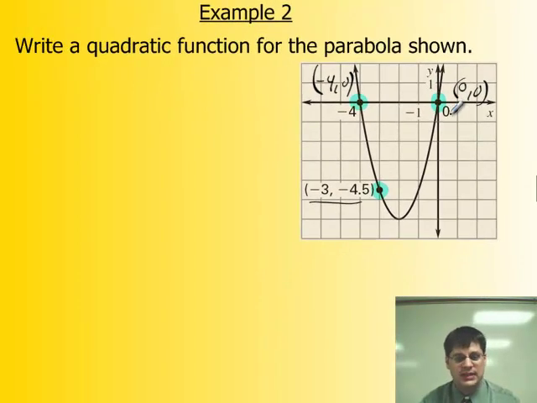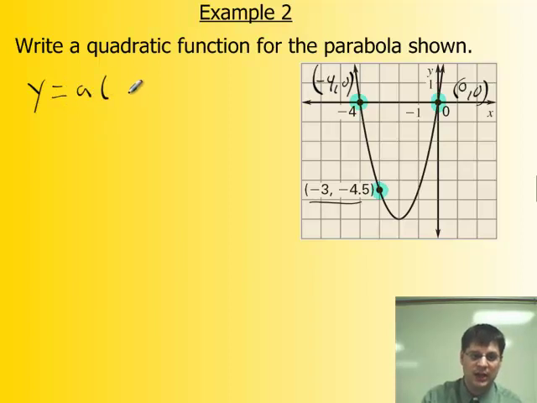So what would be the easiest method for this? Because we're given a couple intercepts, and it doesn't specify what form we want to use, intercept form would probably be the easiest. We don't have a vertex, so we really can't use vertex form, not directly. So recall, intercept form is y equals a, and then x minus p times x minus q.